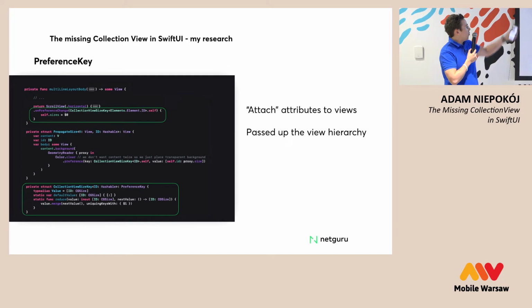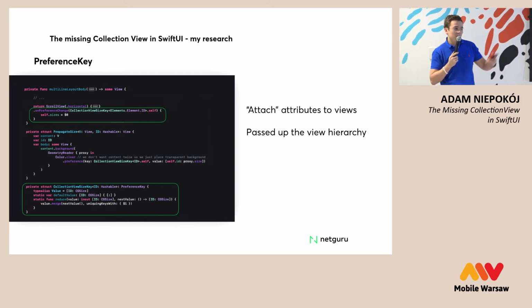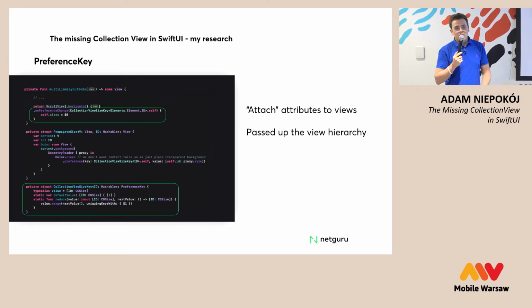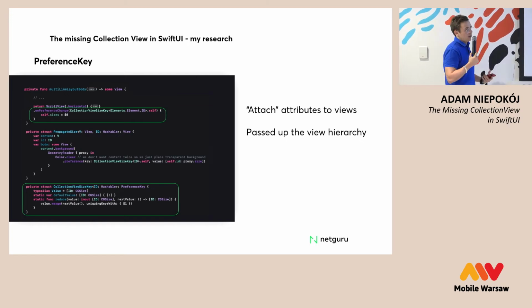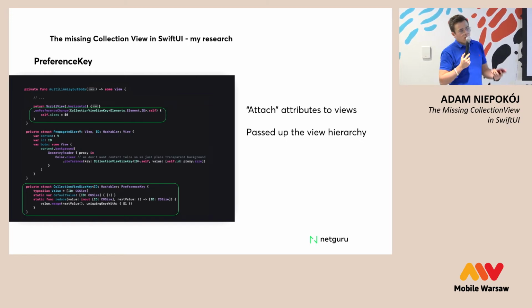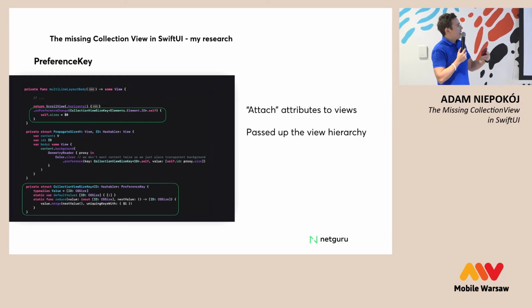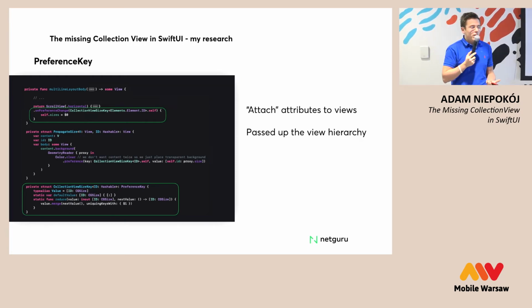Then we need this view modifier. In SwiftUI, we generally have basic views, and then we have tons of view modifiers that we can use, and they basically return another view but modified by the content of the modifier. So the view modifier onPreferenceChange, when the preference key is changing, propagates its value to the parent.